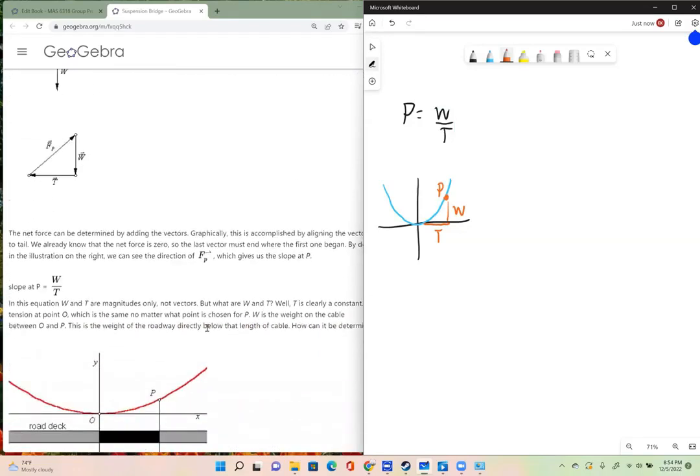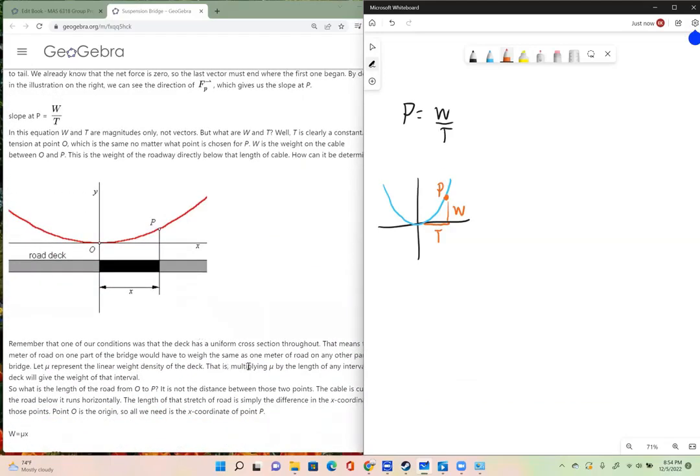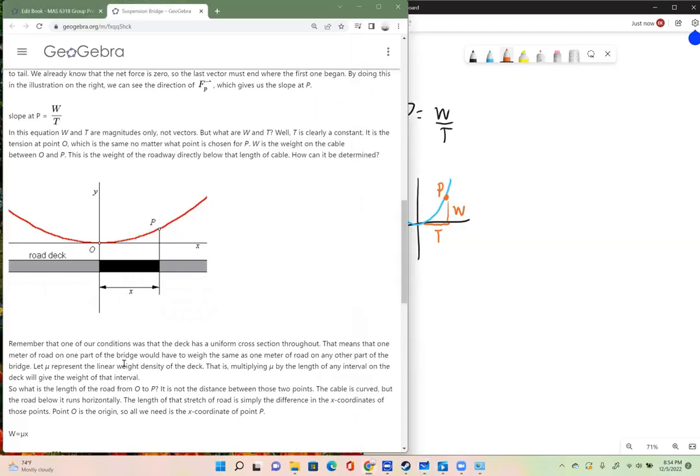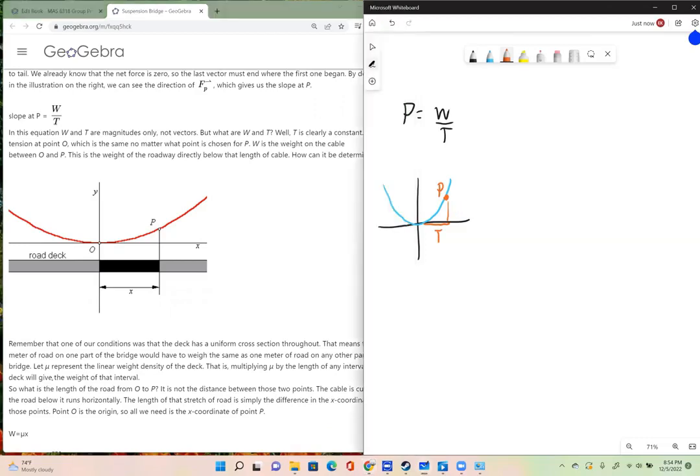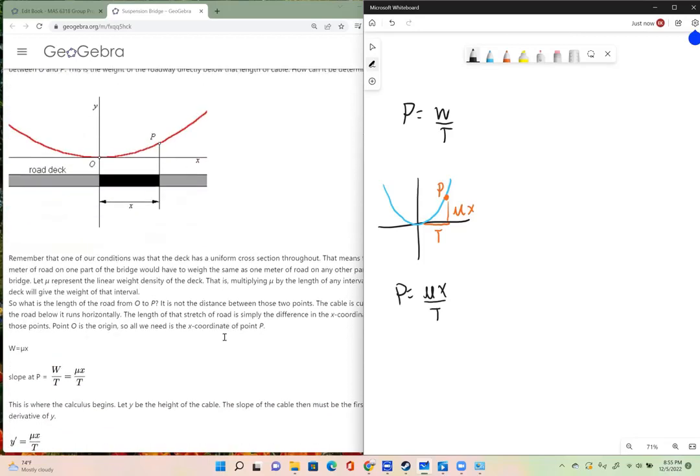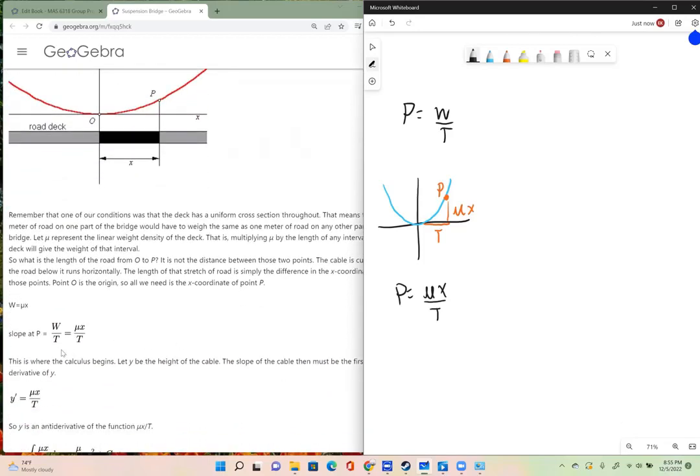Now, in this next step, they define a mu. Multiplying mu by the length of any interval on the deck will give the weight of that interval. So replacing W here with mu times x, our new slope formula is now P equals mu x over T. And then it defines this point P as a function of y prime.